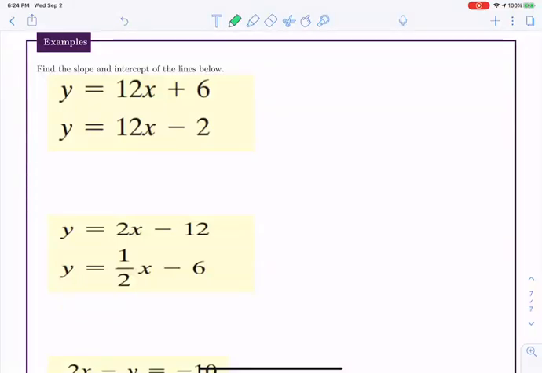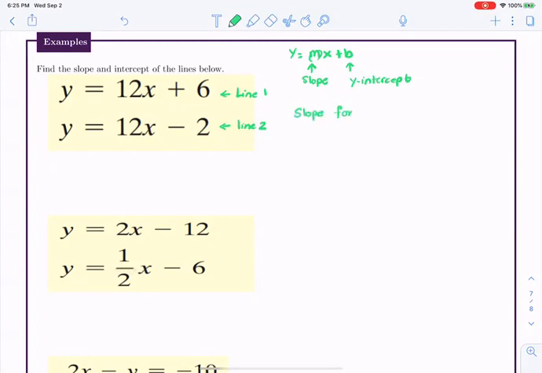So I have two lines in each of these problems, and the slope, we've addressed it in the other video. We always have y equals mx plus b. So m is the slope, b is the y-intercept. So I have line 1 and line 2. And the slope for both lines is 1/2.